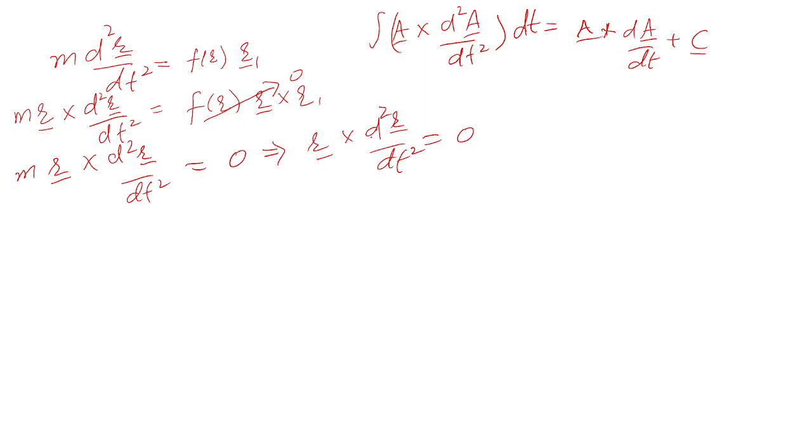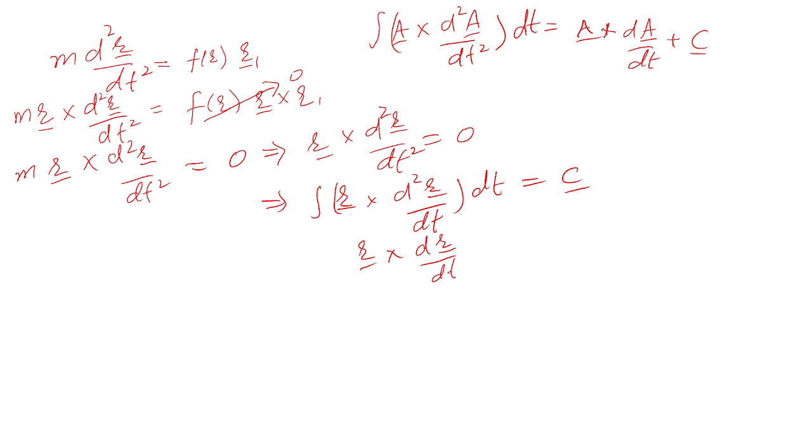So when I integrate this, it is the same case: I will integrate r cross d square r dt square dt, and on the right side I will get a constant vector, the constant of integration. When I integrate it, what I get is r cross the first derivative of r, dr dt, and that is some constant.